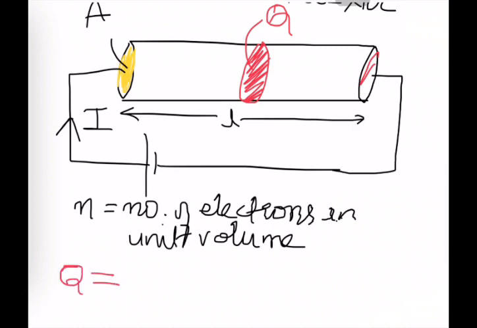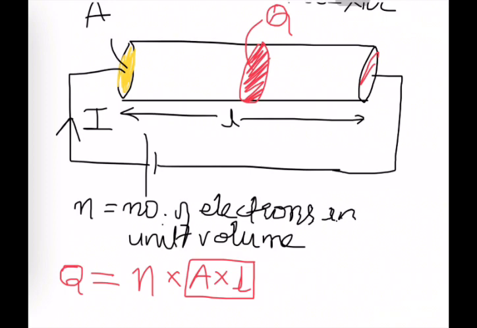Then we can find the expression for Q. The total charge passing through the cross section is the number of electrons per unit volume into the volume of the conductor. Volume of the conductor can be written as area of cross section into length. Number of electrons per unit volume into volume gives the total number of electrons present in this metal.